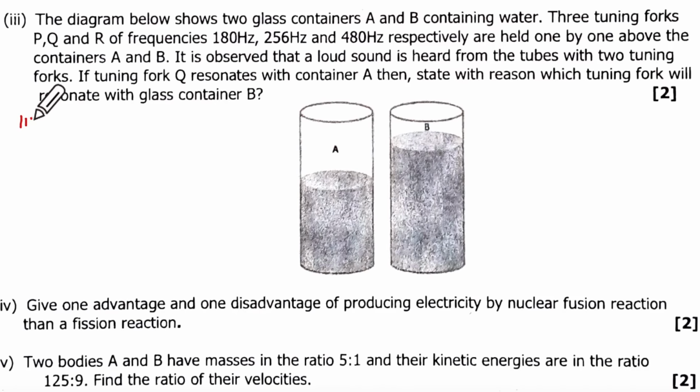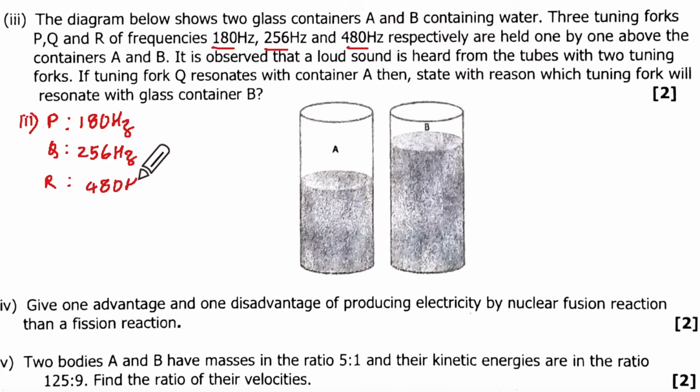Diagram shows two glass containers A and B containing water. Three tuning forks P, Q, R, with frequencies 180, 256 and 480 respectively, are held one by one. So P has 180 Hertz, Q has 256 Hertz, and R has 480 Hertz.